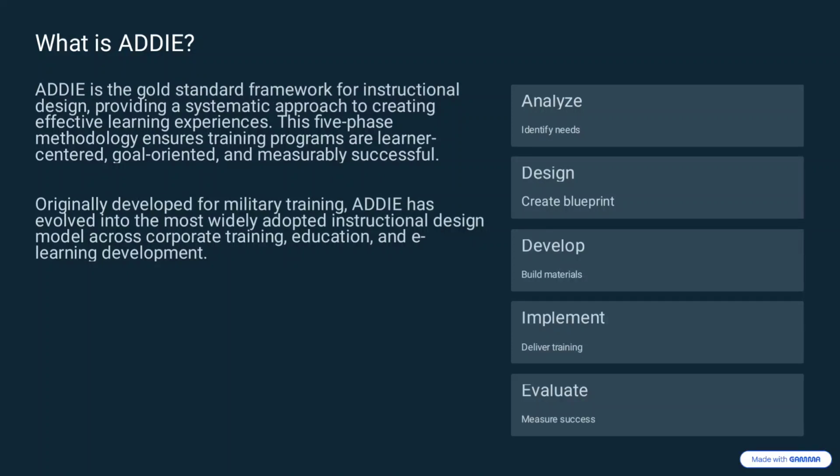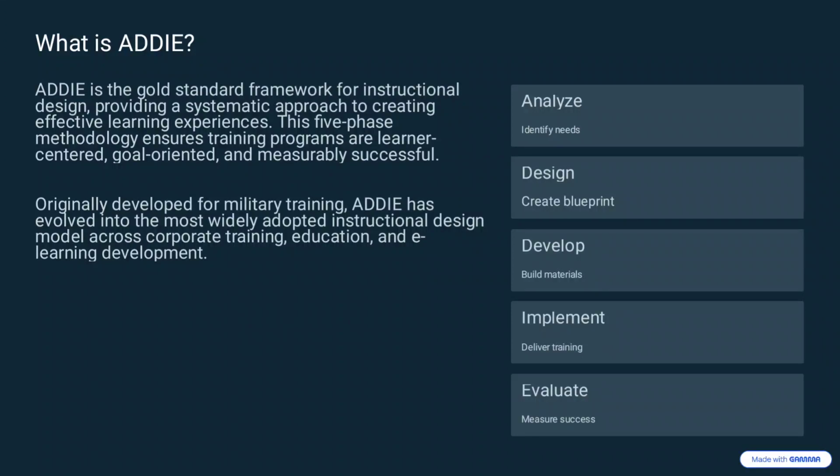The third phase is the development phase. In this phase, the training material, activity materials, and all relevant material required for implementation of the training are developed. The fourth phase is the implementation phase. This phase is to deliver training in real world situations, and the last one is the evaluate phase.